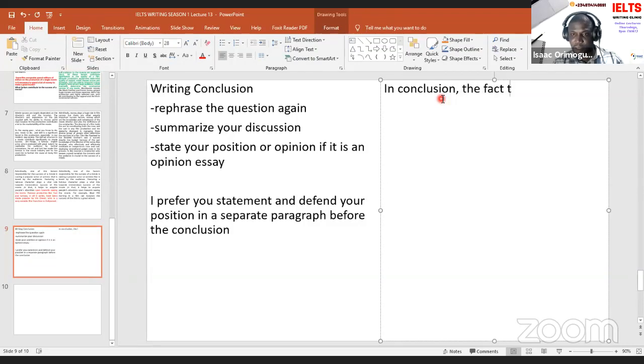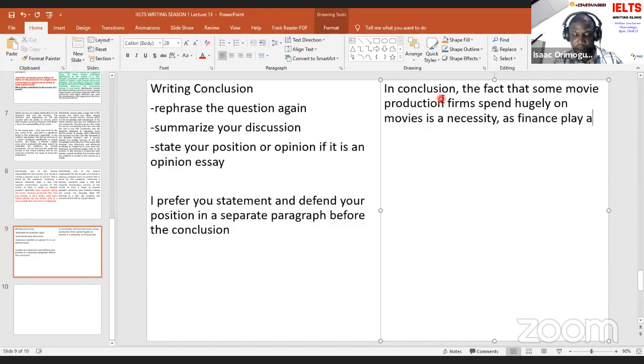In conclusion, the fact that some movie production firms spend hugely on movies is a necessity, as finance plays a huge role in the success of any movie production.